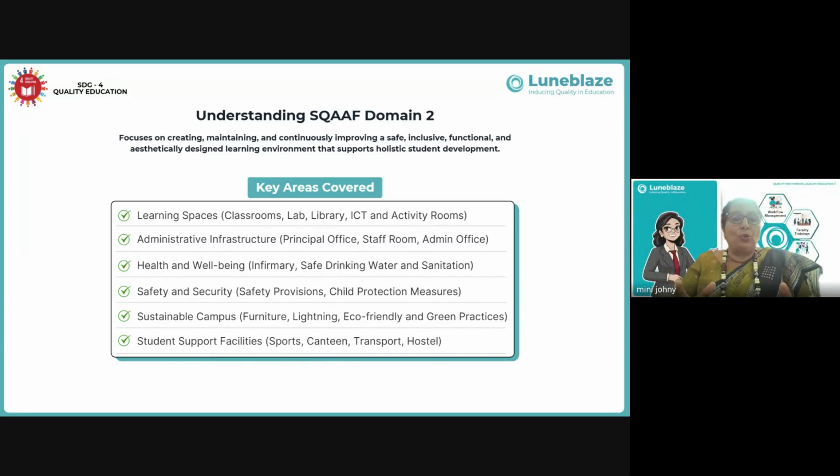Dear friends, we are going to look at the key areas covered. The first one is learning spaces. Our classrooms, we make them very vibrant.